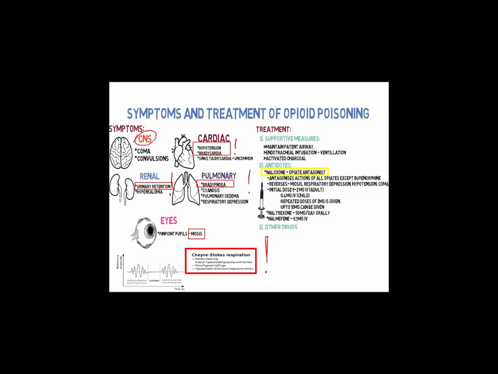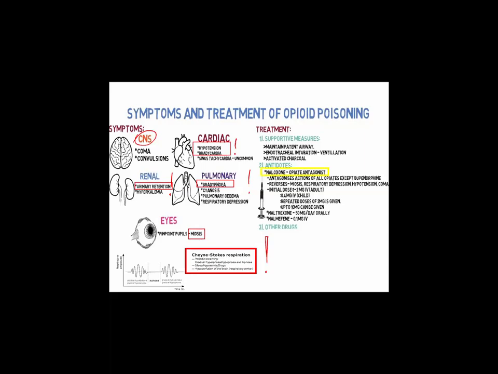So if we have poisoning with opiate agonists, we have to use opiate antagonists to minimize the effects of agonists. Naloxone is the opiate antagonist mostly used for treatment of opioid poisoning.